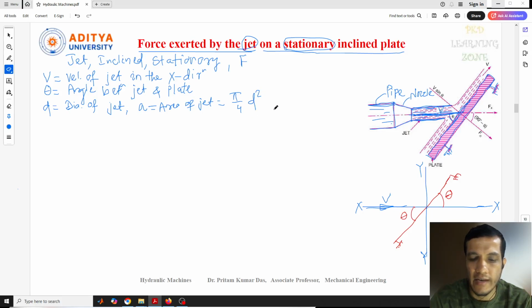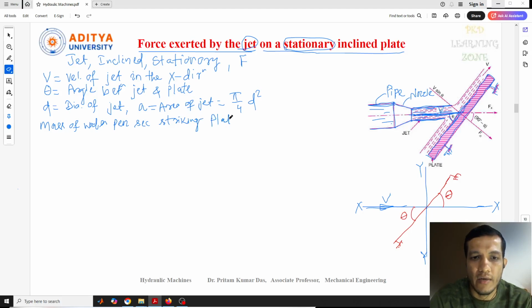Next, we can calculate the mass of water per second striking the plate.